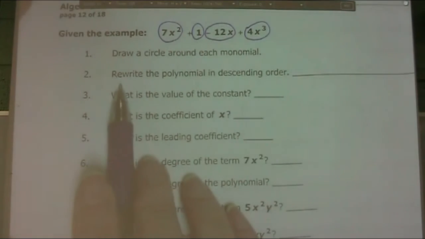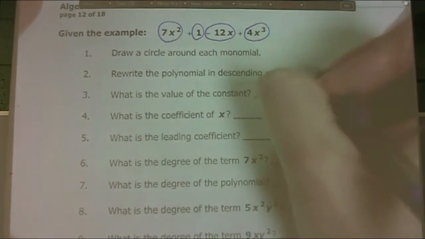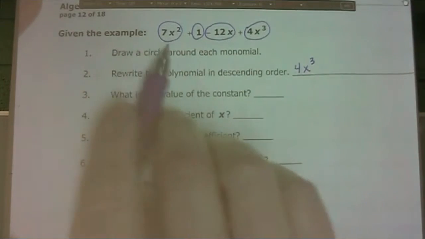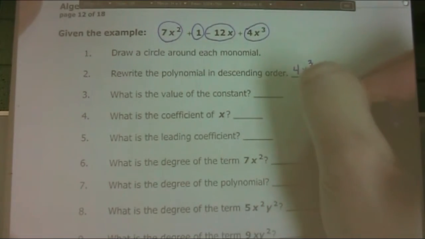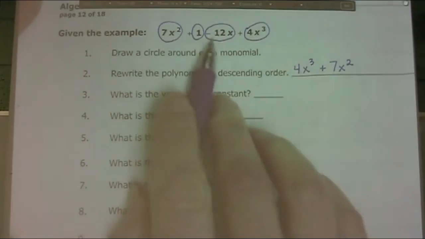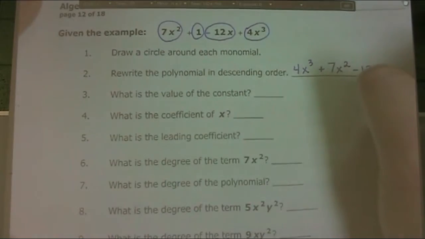All right, now number 2, it says write the polynomial in descending order. That means the highest power of x is first. That's going to be 4x to the third. Next, I have 7x squared. So plus 7x squared. Then minus 12x. And finally, plus 1.